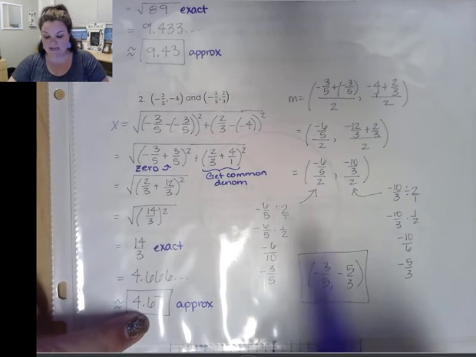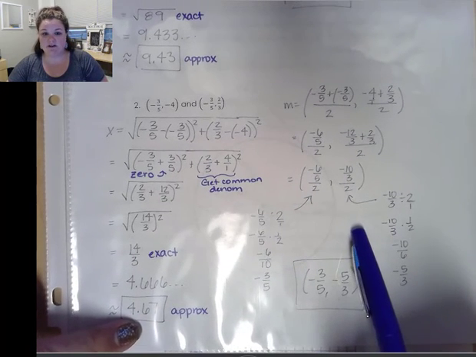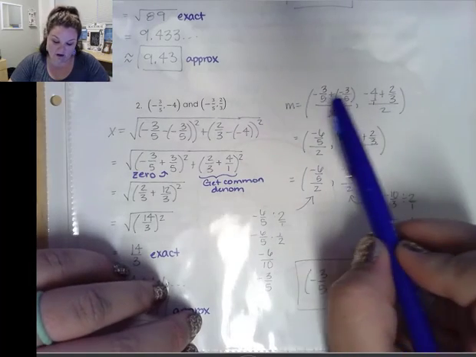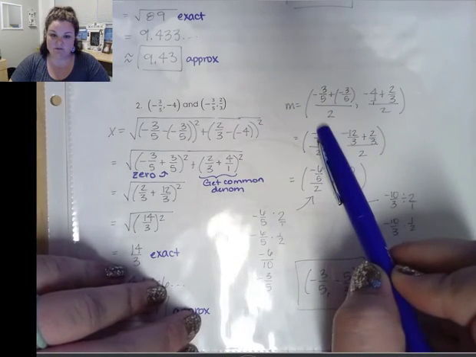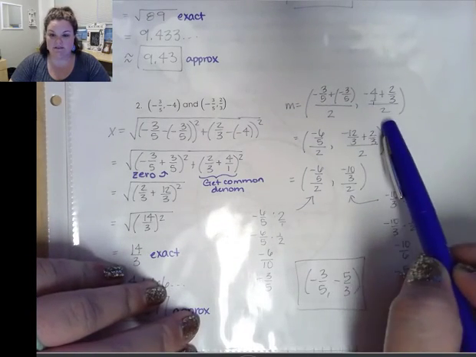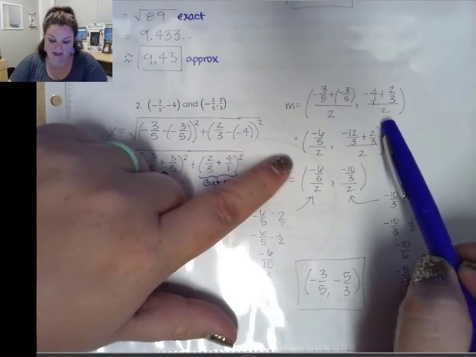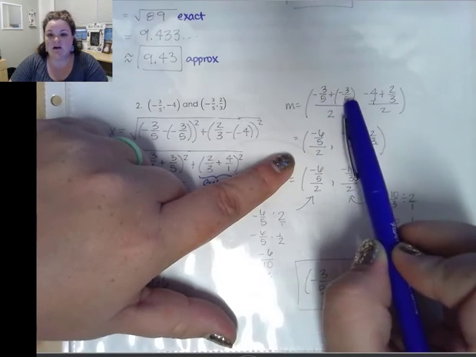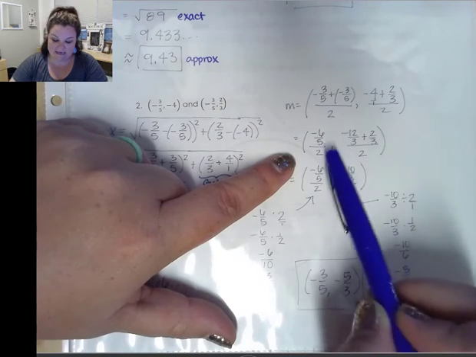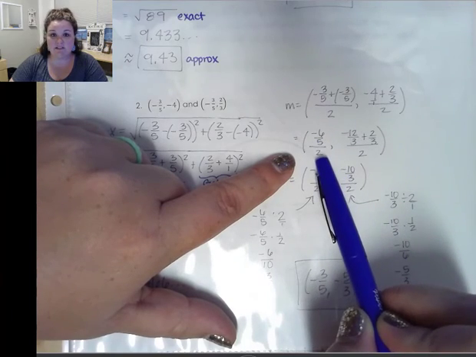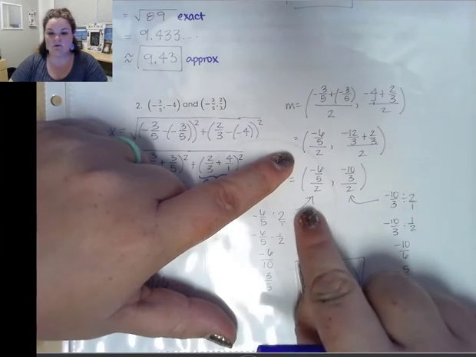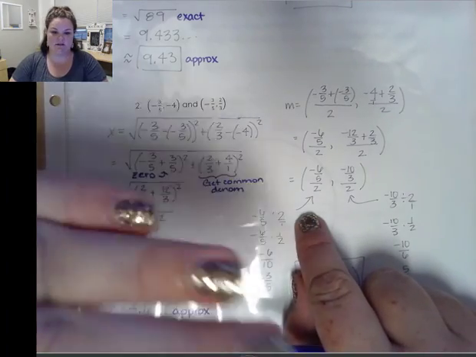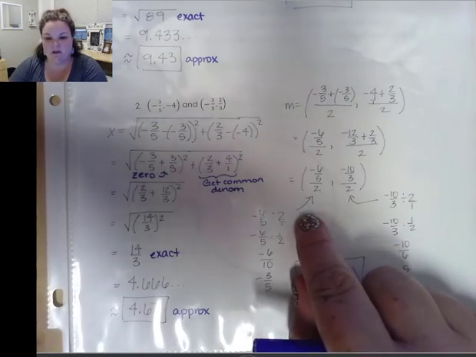Okay. On the next one, to find our midpoint, we're adding our x's and dividing by 2. And then we're adding our y's and dividing by 2. Okay, when we add our x's, they already have common denominators, so we get -6/5 divided by 2. And then I went ahead and wrote that out as a division. Sorry, that glare. Let's see if I can put my hand there. There we go.